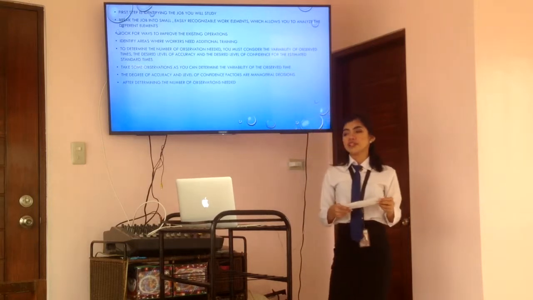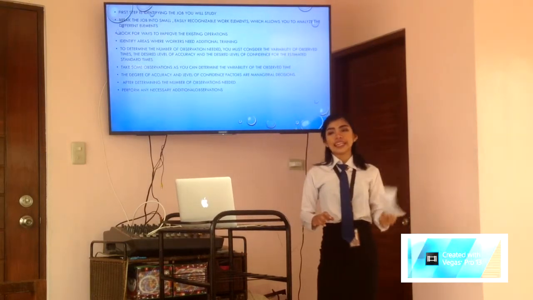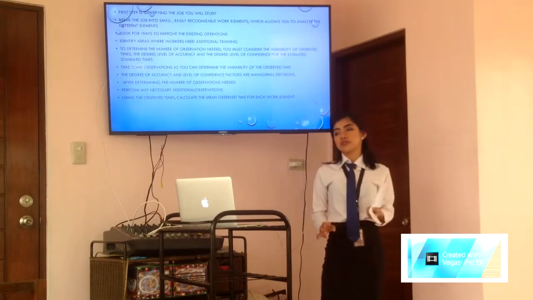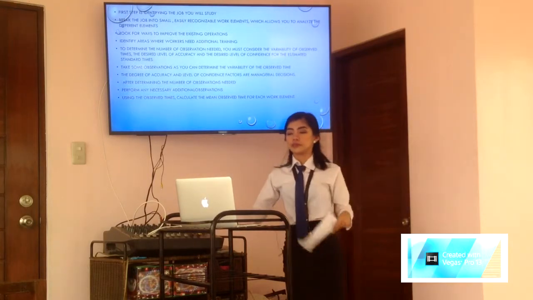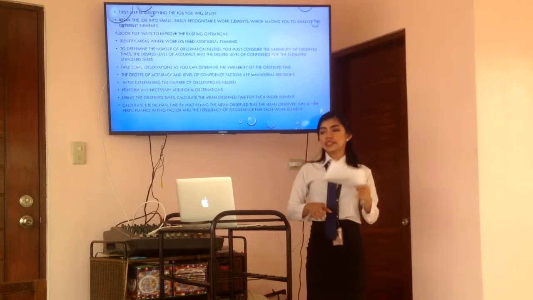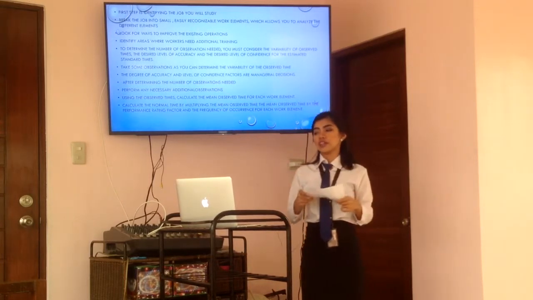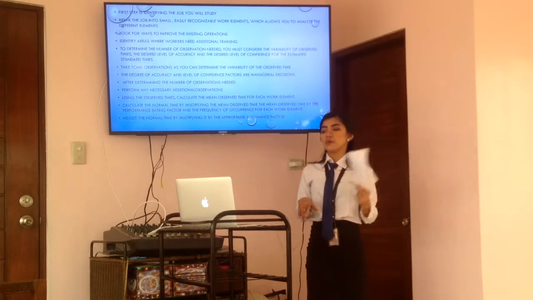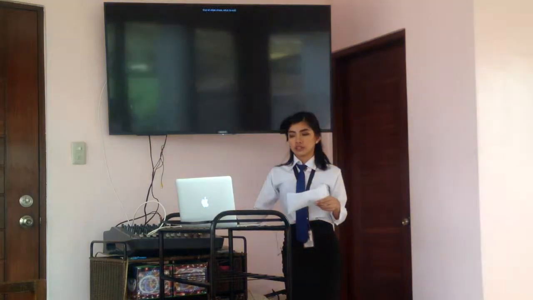After determining the number of observations needed, you must perform any necessary additional observations. Using the observed times, calculate the mean observed time for each work element. Then calculate the normal time by multiplying the mean observed time by the performance rating factor and the frequency of occurrence of each work element. Adjust the normal time by multiplying it by the appropriate allowance factor.